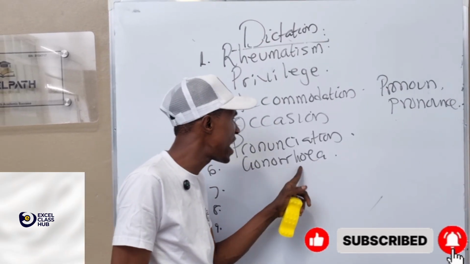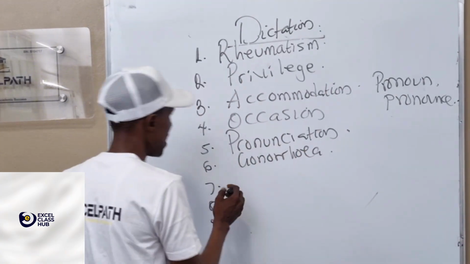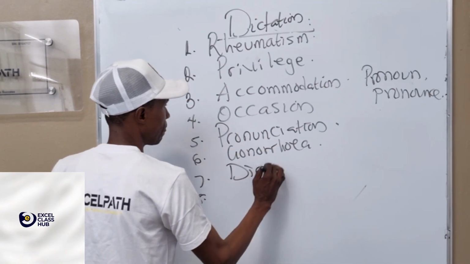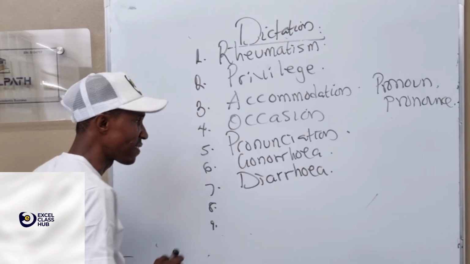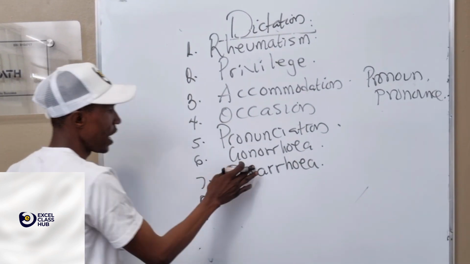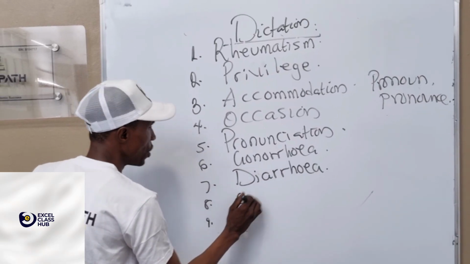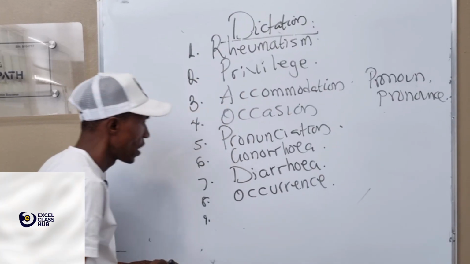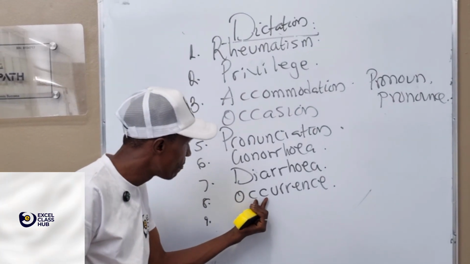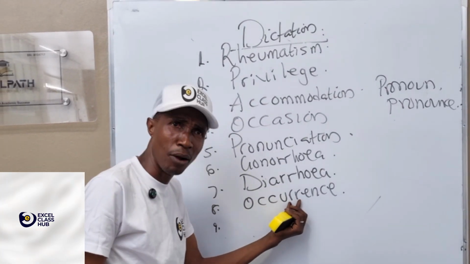So yours should be H-O-E-A. The next one is diarrhea. The same spelling. And the next one is occurrence. Occurrence is double C and double R.